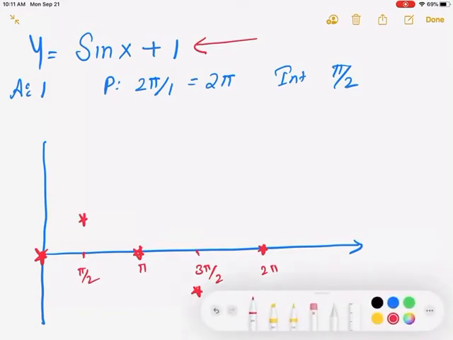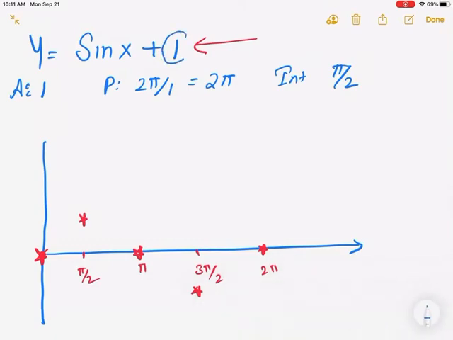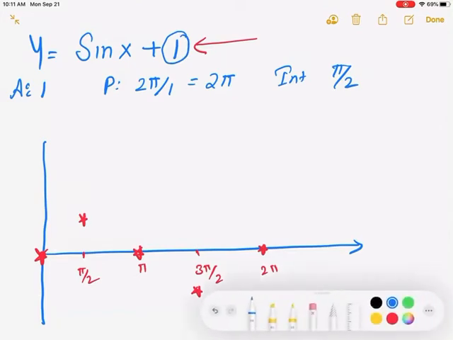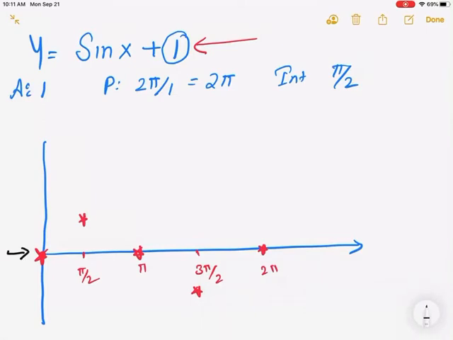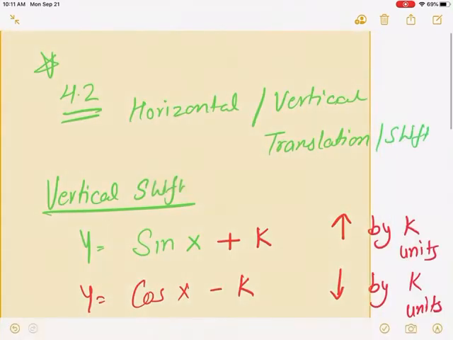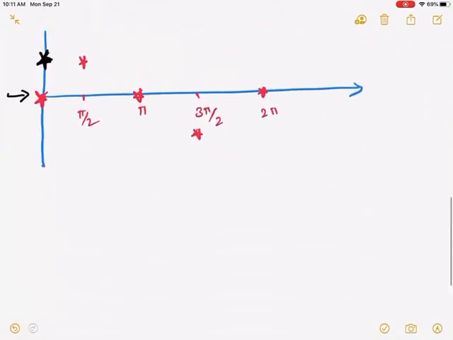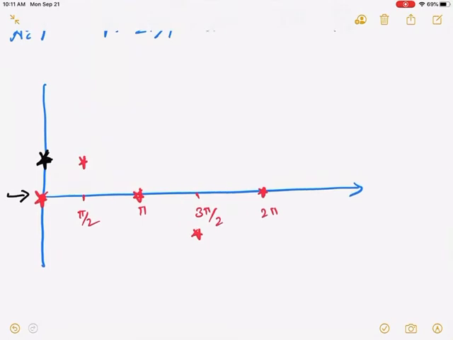Next, I need to move every single dot or star with this vertical shift. Plus 1 means each and every single point would move up by 1 unit. So the one that was at 0, now it would be at 1. Something that was at 1, now it would be at 2.